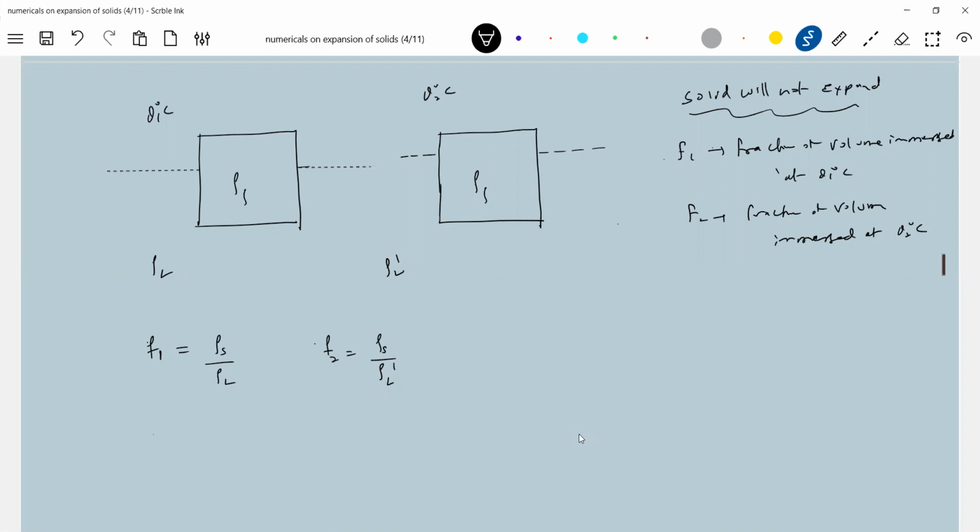So now I want to find gamma L of the liquid. Coefficient of volume expansion of the liquid has to be determined. So let me divide: F1 by F2 should be equal to rho S by rho L, divided by rho S by rho L dash, or this is rho L dash by rho L. Any formula related to this?